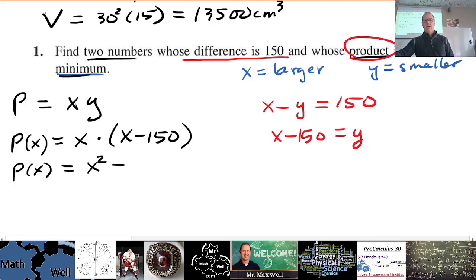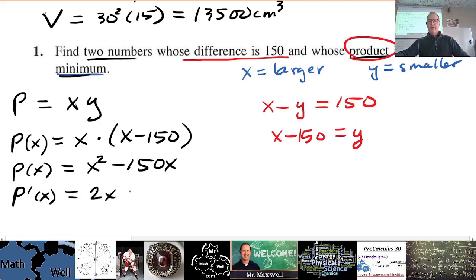It's going to be x squared minus 150x. Sound good? This is fine. I'm going to take my derivative now. So the derivative, p prime of x, is going to be 2x minus 150.